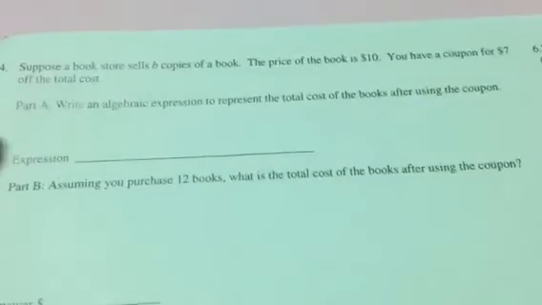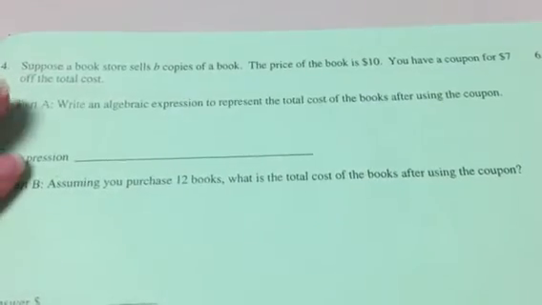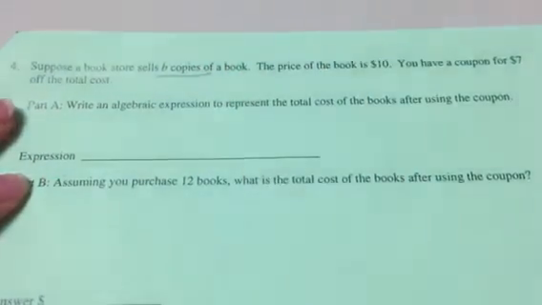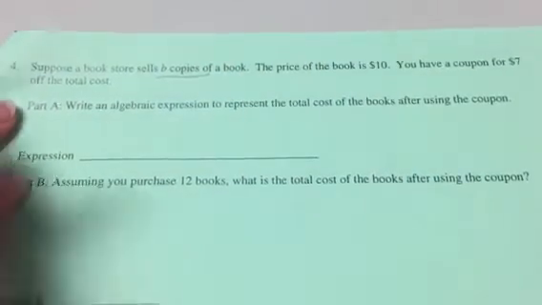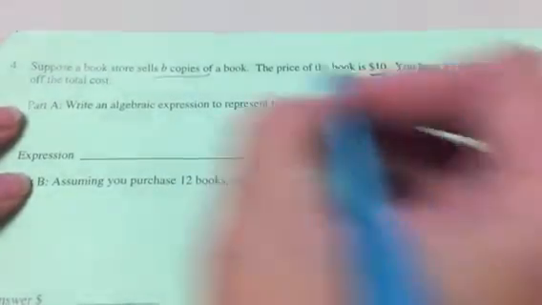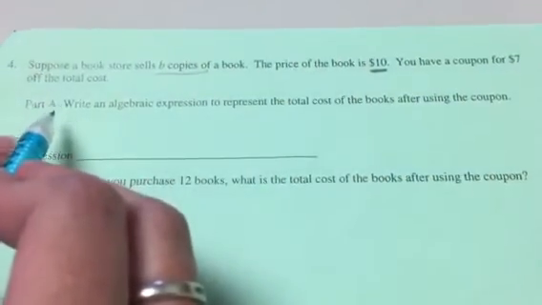All right, I'm going to flip to the next page, number 4. So suppose a bookstore sells B copies of a book. Now, they didn't tell us how many copies were sold. They just said B is the number. The price of each book is $10. You have a coupon for $7 off the total cost.